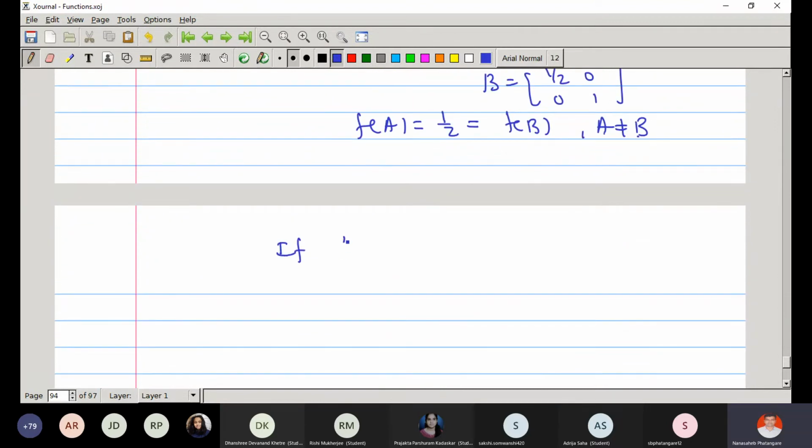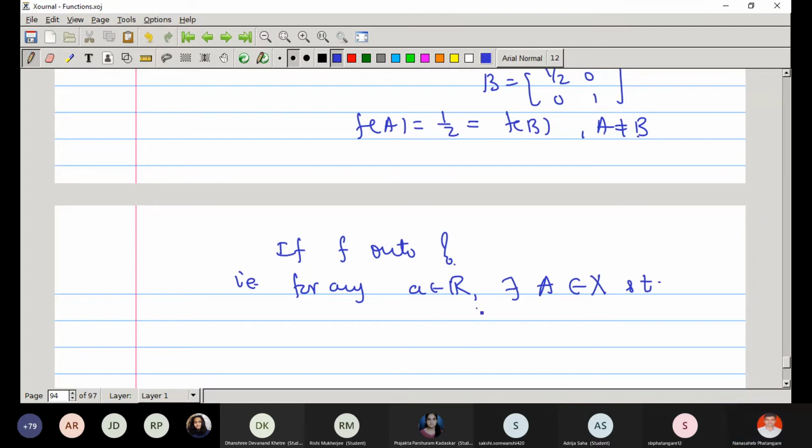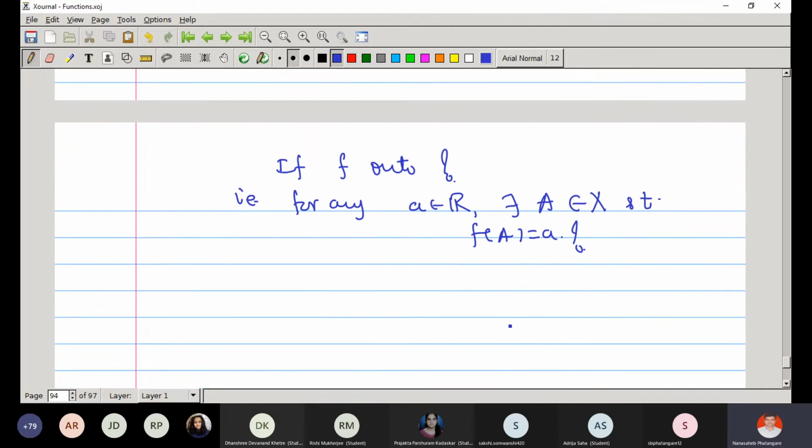Next question I would like to ask: is f onto? That is, for any a belongs to R, does there exist a matrix A in X such that f of A is equal to a? What do you think? Yes.